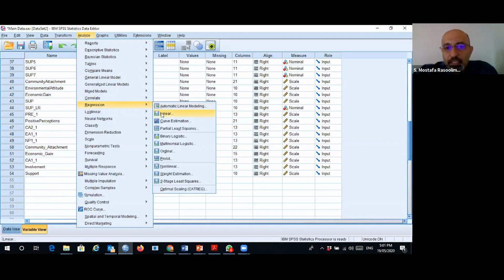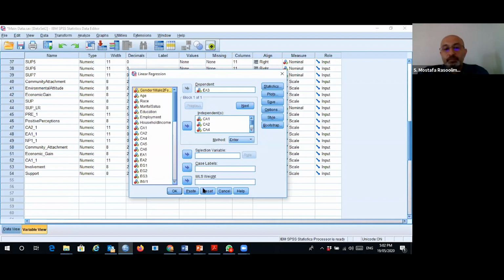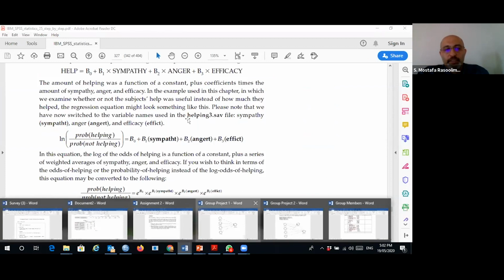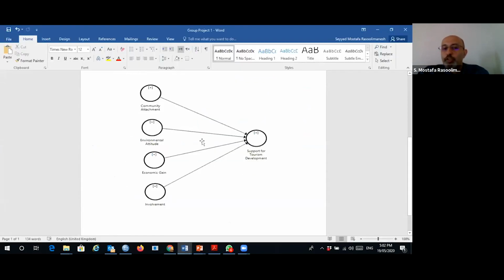Okay, regression, and go to linear regression, because actually the regression that we apply is linear regression. We created the regression line, right? I showed you before. Linear regression. In this box, Dependent, we need to put our dependent variable. Let's say we want to work on this framework. For this framework, support is the dependent variable, and we have 4 independent variables.